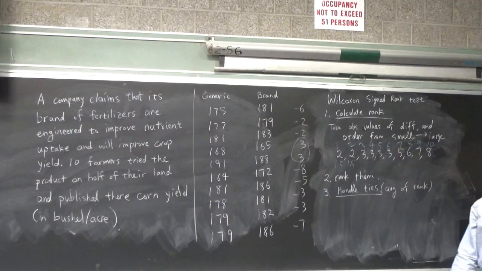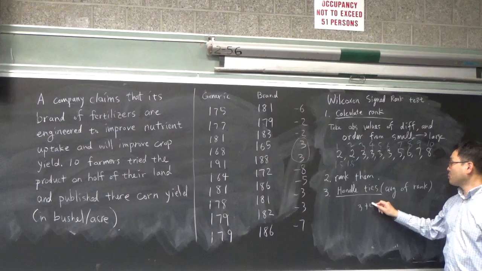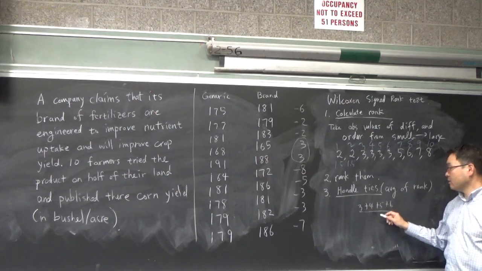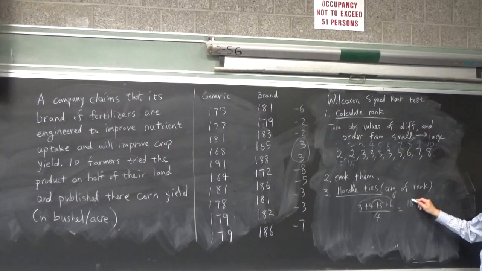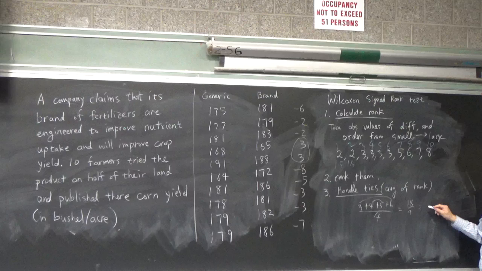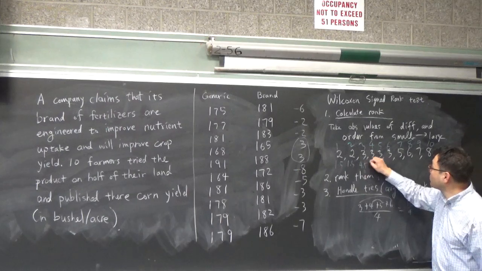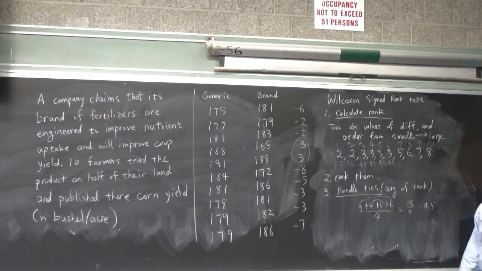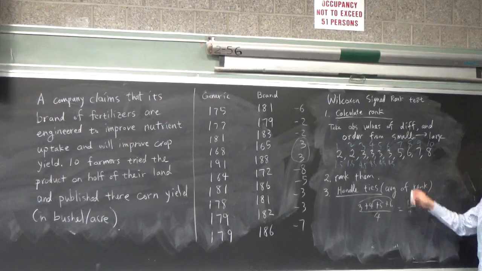What should you do? Add them up and take the average. 3 plus 4 plus 5 plus 6 is 18, divided by 4, which is 9 over 2, which is 4.5. So you have 4.5, 4.5, 4.5, 4.5. And then the other ones are okay: 7, 8, 9, 10.